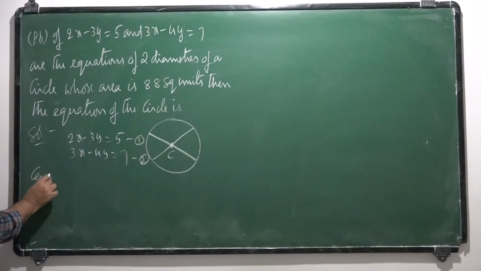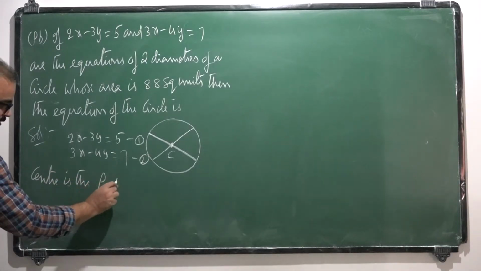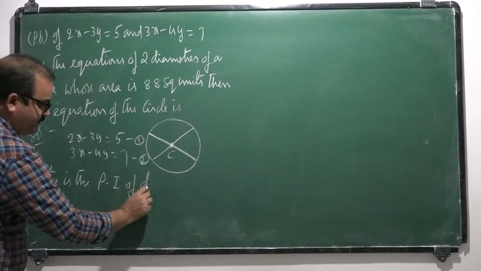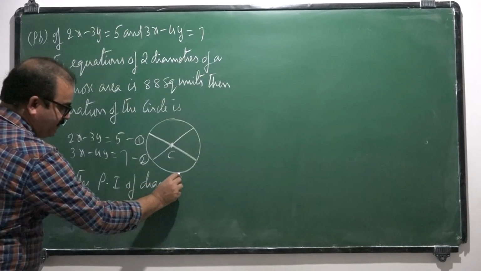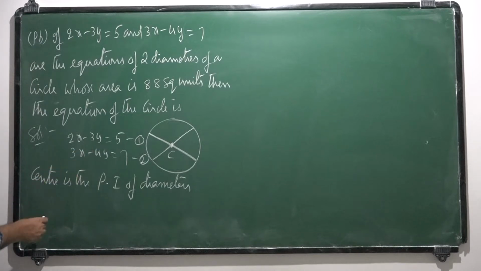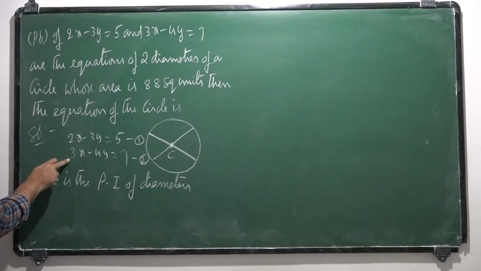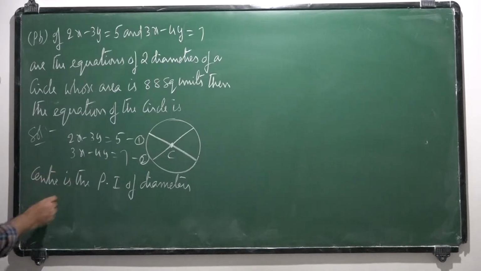You write: center is the point of intersection of diameters. Solving, multiply equation 1 with 3 and equation 2 with 2.